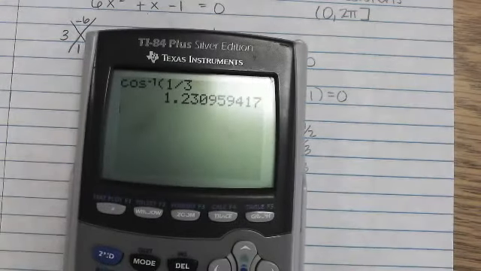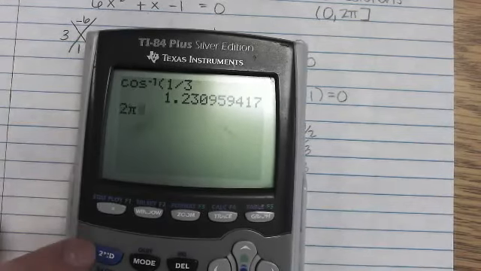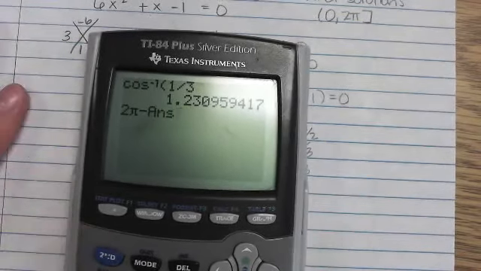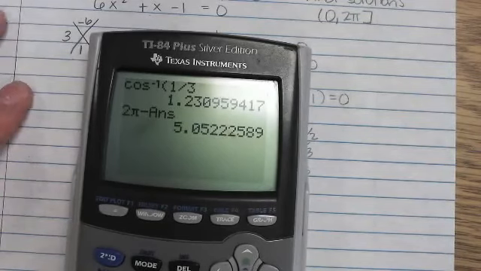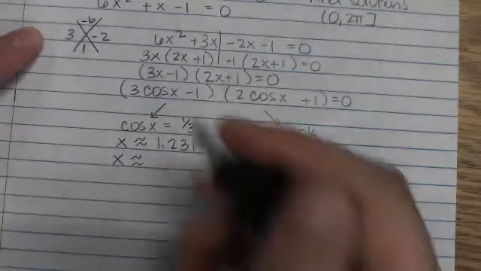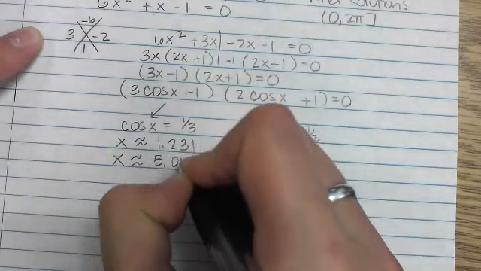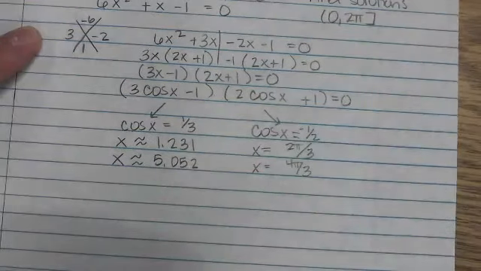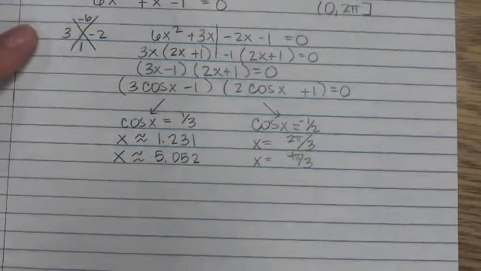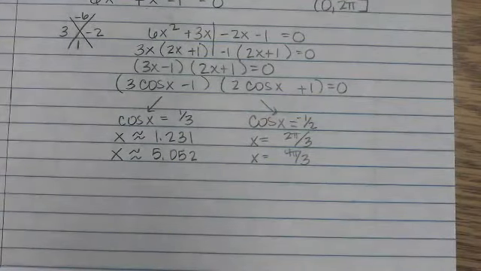And then how do I find the other answer? 2 pi minus the decimal I just got. So 5.052. All right, 4 answers there.